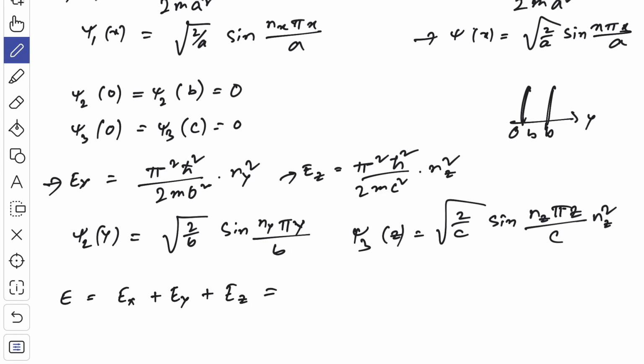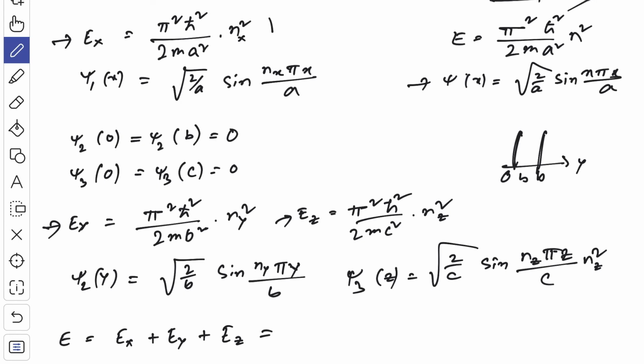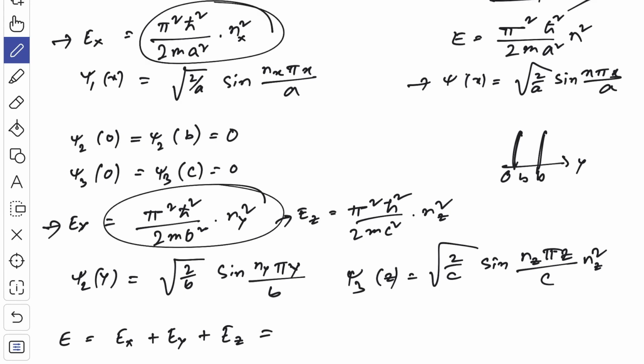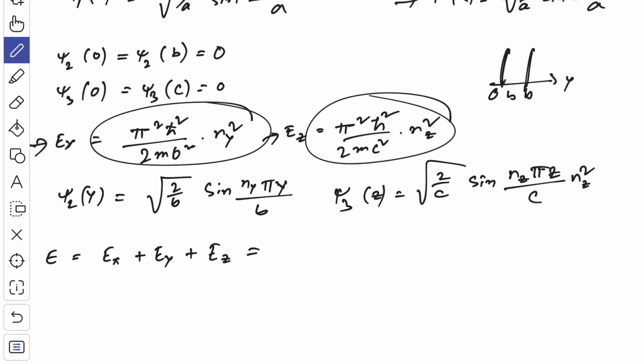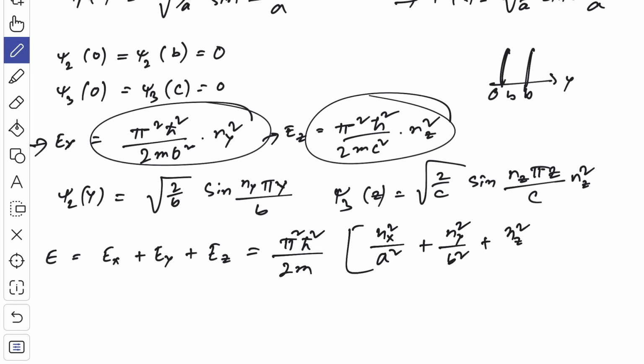If you add these three, you will get pi square h cut square by twice m, and within the bracket you will get nx square by a square plus ny square by b square plus nz square by c square. That's what you will get. So this is our energy.